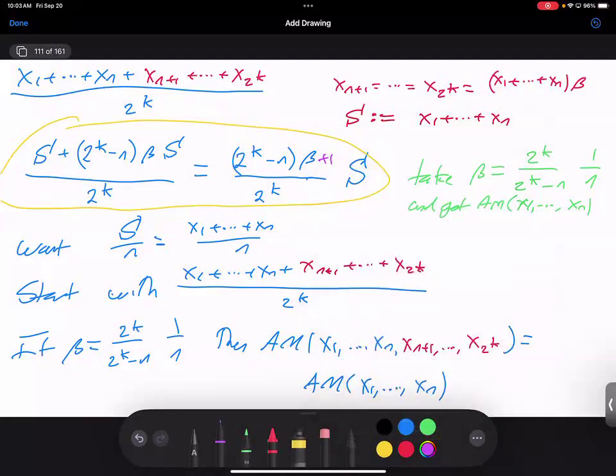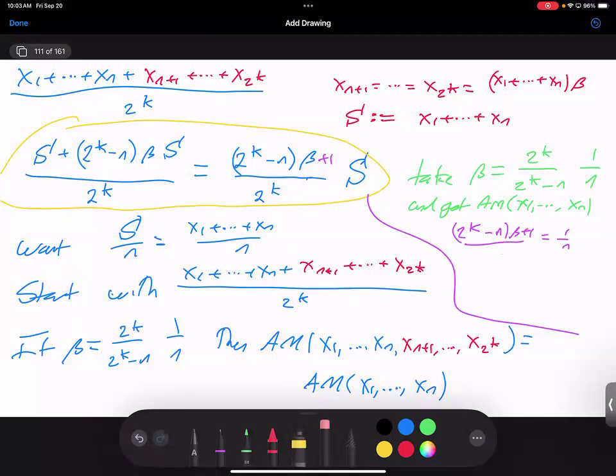So what would we now get? We want that fraction to equal 1 over n, right? So we have (2^k - n) times beta plus 1, over 2^k, equals 1 over n. So we can multiply both sides by 2^k.